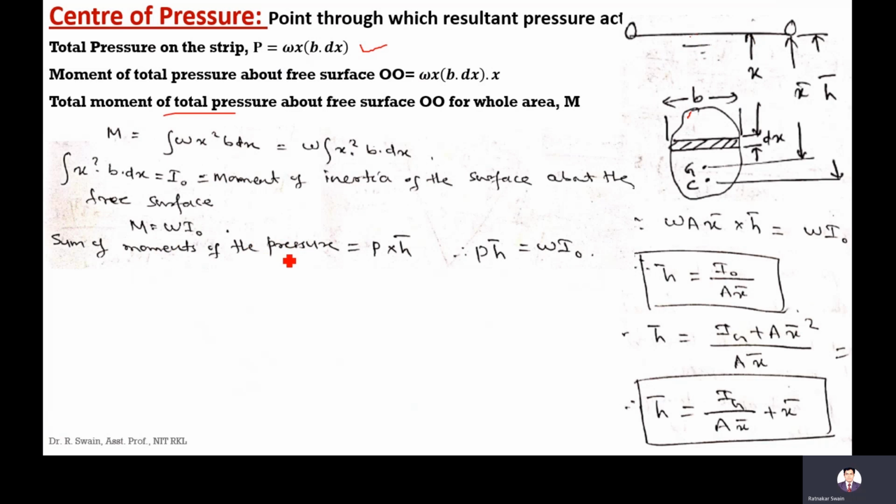Now the sum of moments of the pressure: the total pressure is P, acting at a distance h bar from the surface, which is the center of pressure, the point of application of the total pressure. So P into h bar is equal to W I naught.